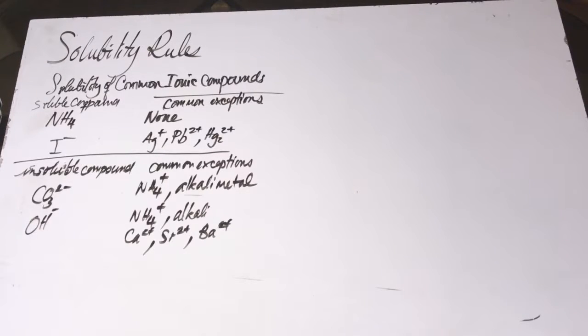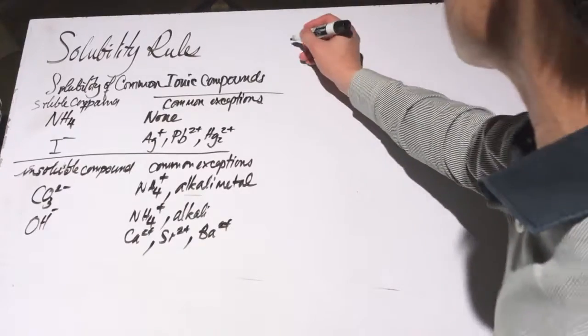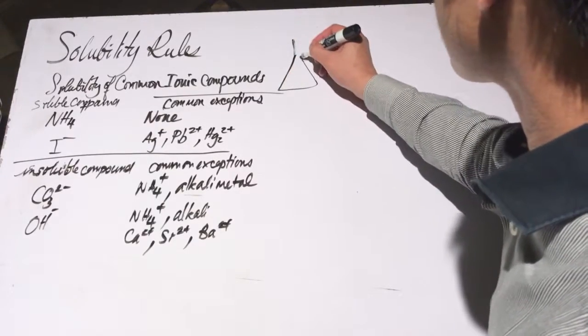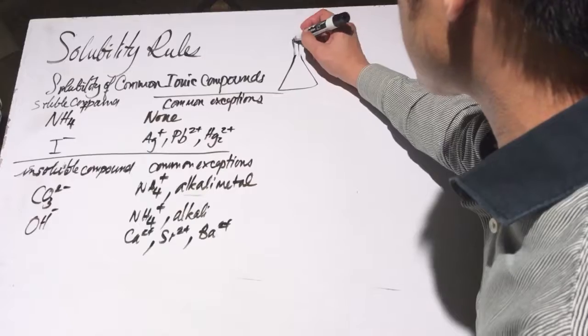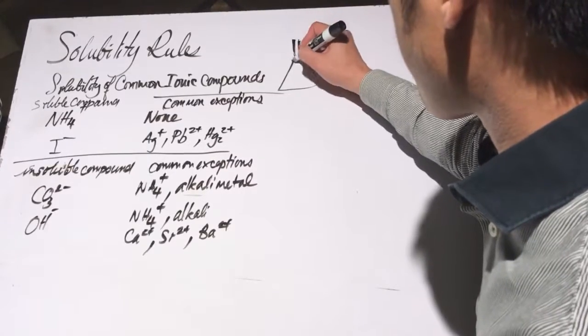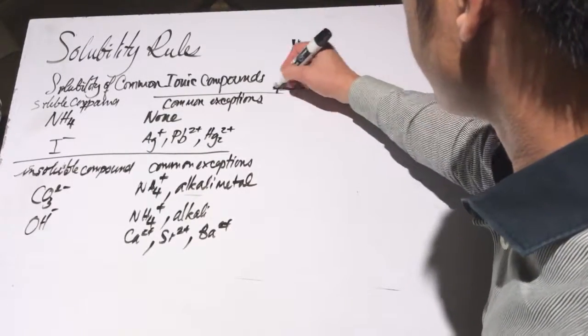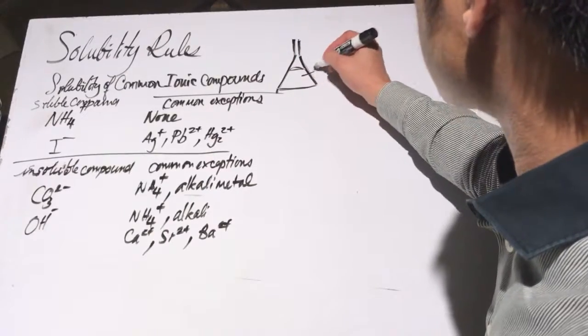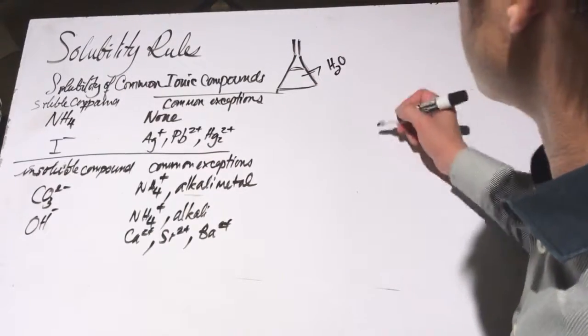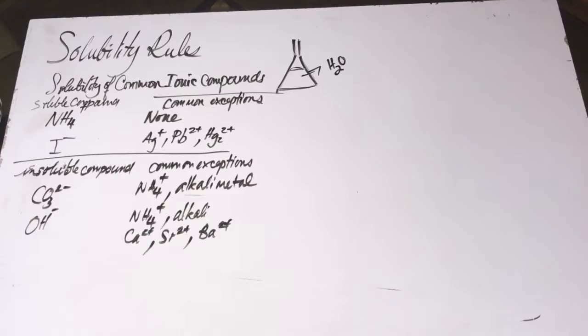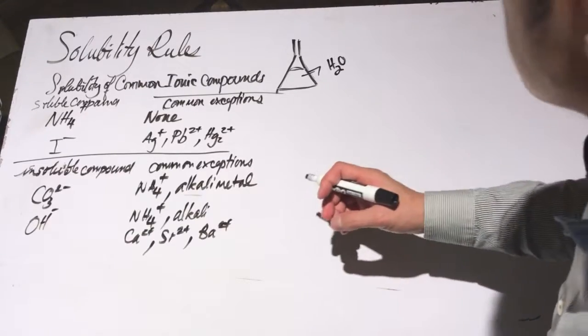So we're going to explain what solubility rules are, especially since this is one of the properties of an ionic compound. I'm just going to draw the flask. This one right here, I'm just going to say that it is water. An ionic compound, when it dissolves in water, breaks into ions.